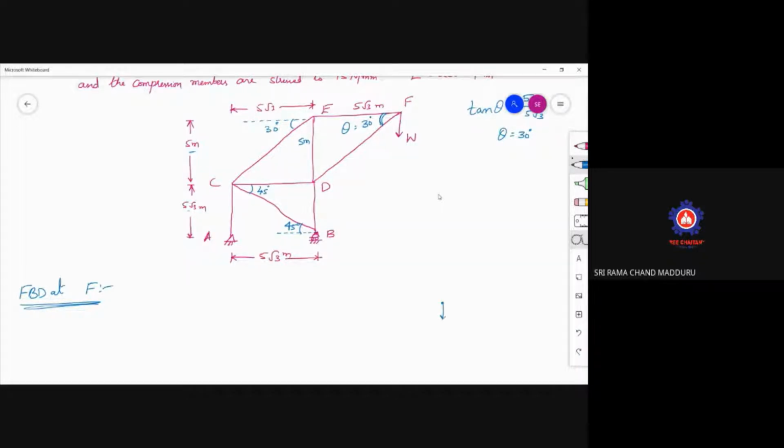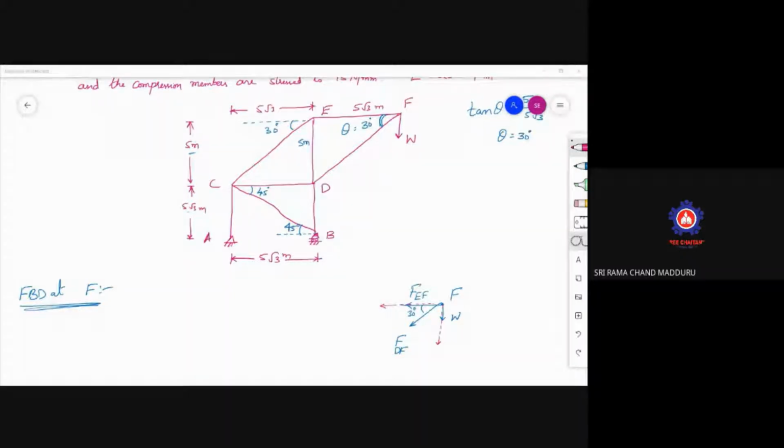So draw the free body diagram at F. A downward force of W is acting. An inclined force in FD is there, or DF. A horizontal force of EF is there. This is 30 degrees. Now resolve this DF force along horizontal as well as along vertical. So with respect to adjacent one, this is cos.